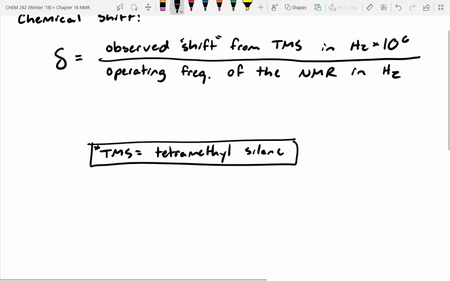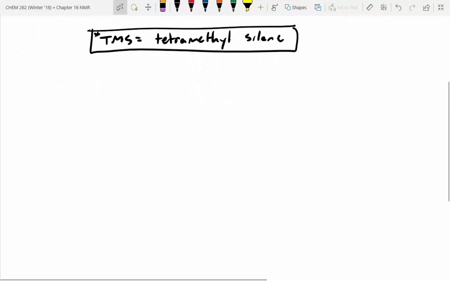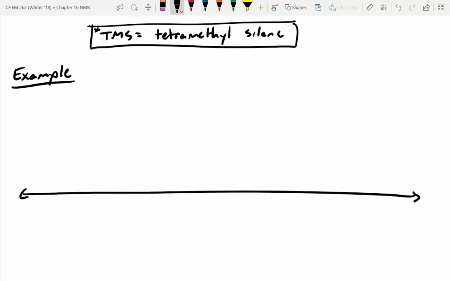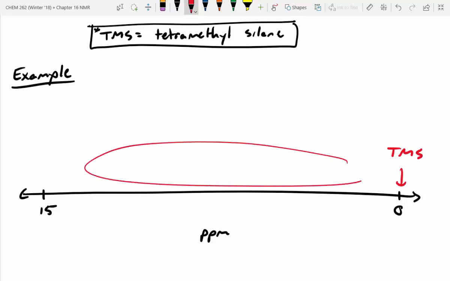All right, so I'll show you guys a little bit of this scale again. So let's say we've got an example down here. The range, if you remember, goes from about 0 to 15, and the units are in parts per million. Down here, the reference signal, the TMS peak, is always set to 0 ppm, and your actual range of peaks will fall typically in this area unless you're working with some sort of exotic system.